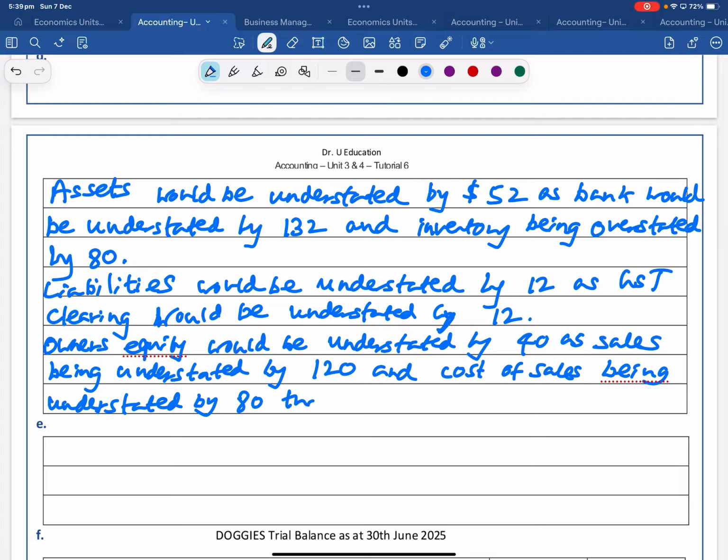That understates net profit by 40. Yes, net profit. This is the standard in VCE.